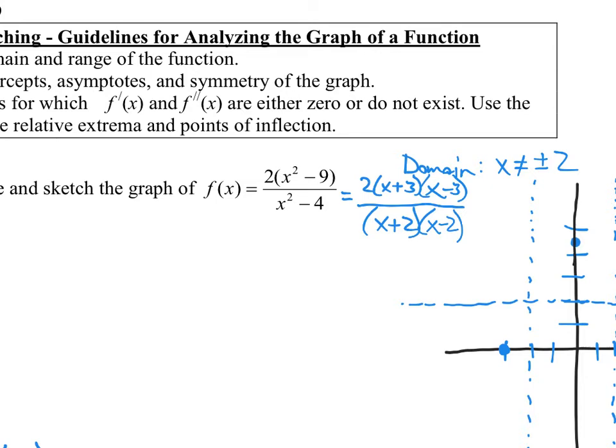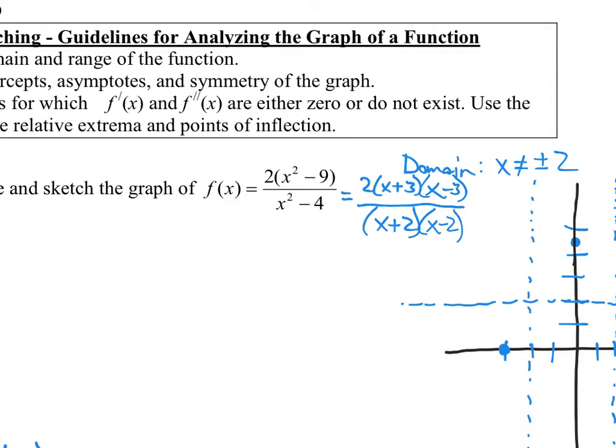Isn't it going to go this way on the left and the right? Yeah, but that's not symmetry across the x-axis. That's actually symmetry across the y-axis, because the left and the right sides will be mirror images of each other. Now, how do we know that that symmetry is going to exist here? Because both top and bottom are to the power of 2.